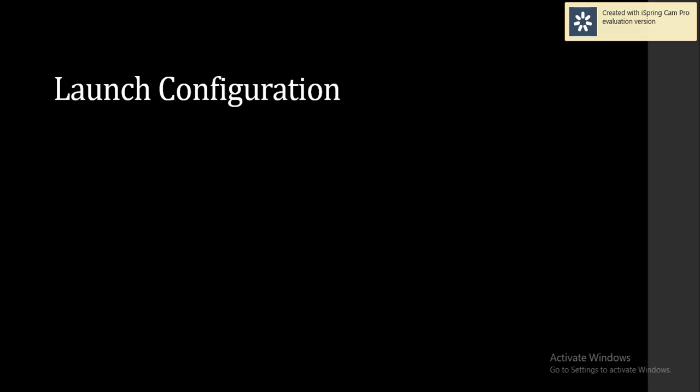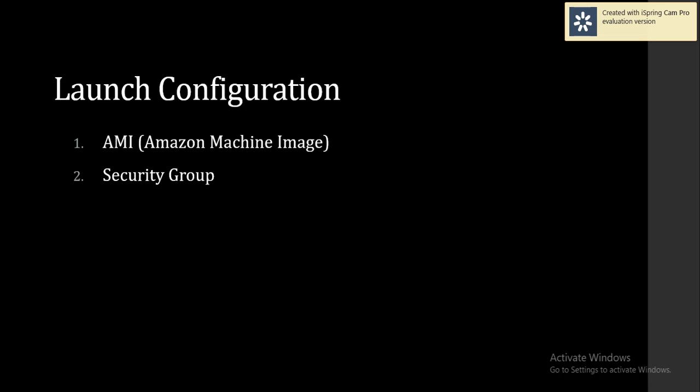In our case, this launch configuration is going to have certain details like this. This configuration will contain the AMI details, the Amazon Machine Image that needs to be used for launching a new instance. We also need to specify the security groups. Then we have to mention the volume type and the volume size of that new instance.